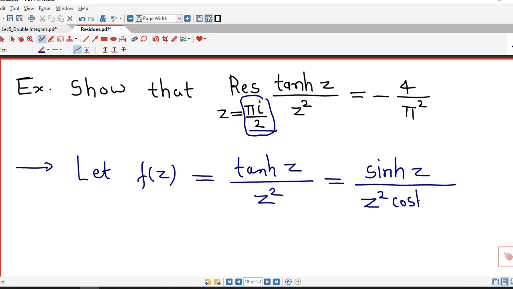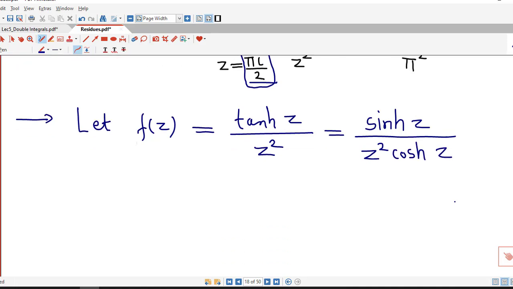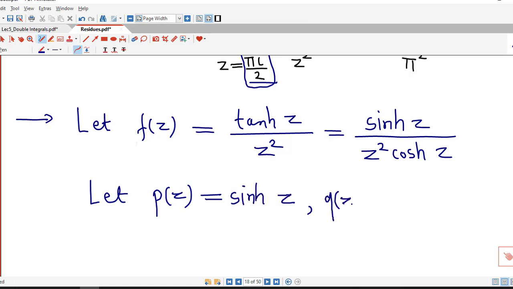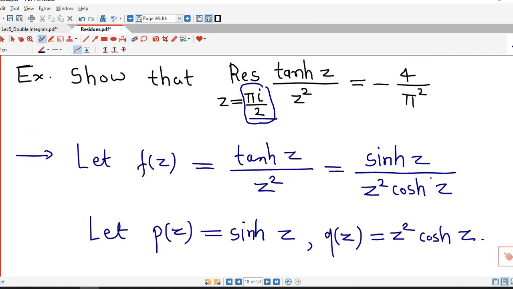So we have z square times cos hyperbolic z, and now we consider the numerator as function p z. So p z is sin hyperbolic z, q z is z square cos hyperbolic z, and we are interested in the residue at z equal to pi I by 2.